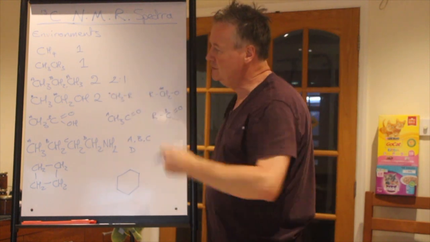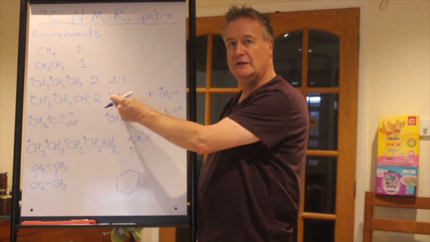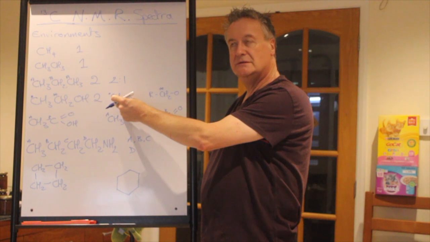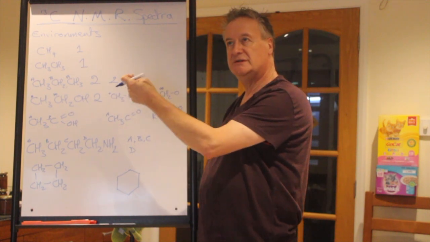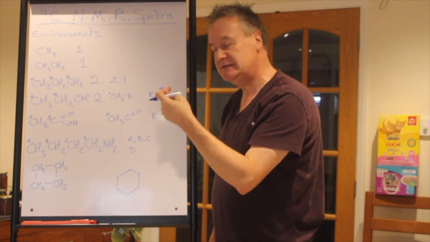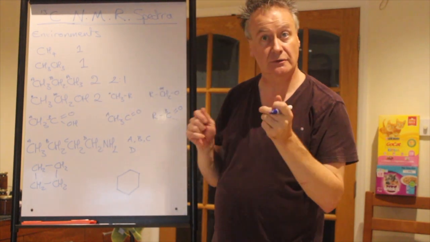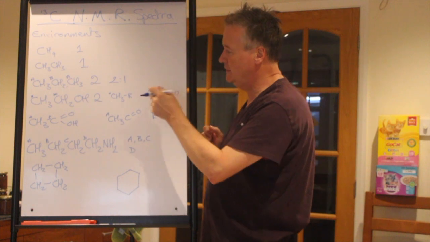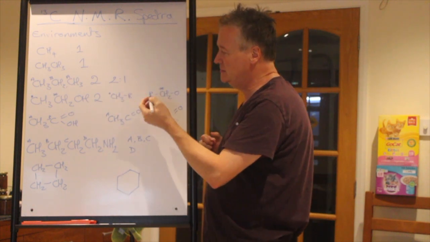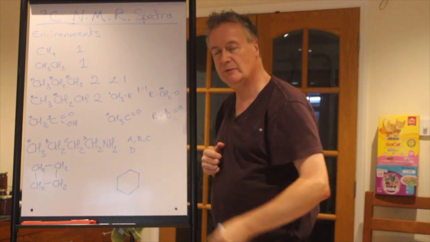So 2 different environments, and this will have a higher energy transition because it is going to be nearer to the TMS, and this one will be further away from the TMS. And you may recall I said there were 2 different ones in the previous video. 1 carbon in each, so the ratio in that will be 1-to-1.